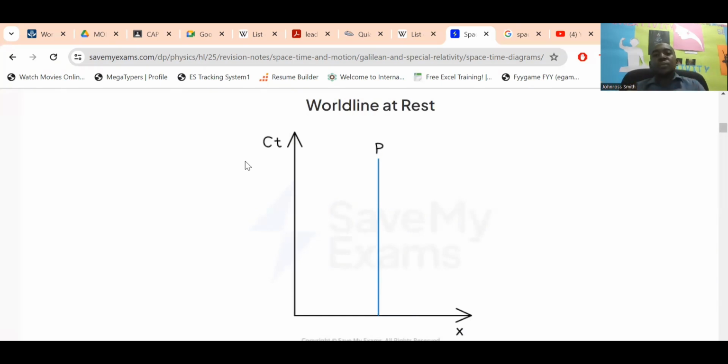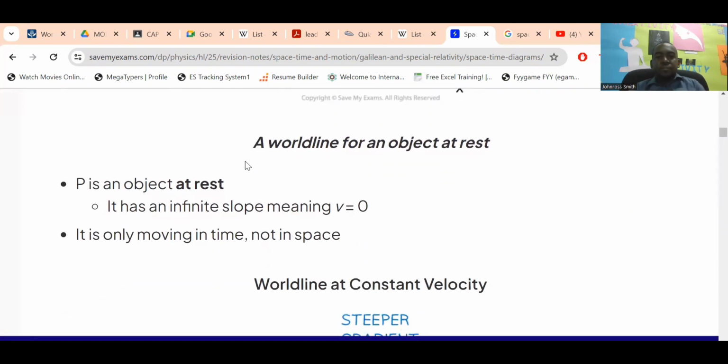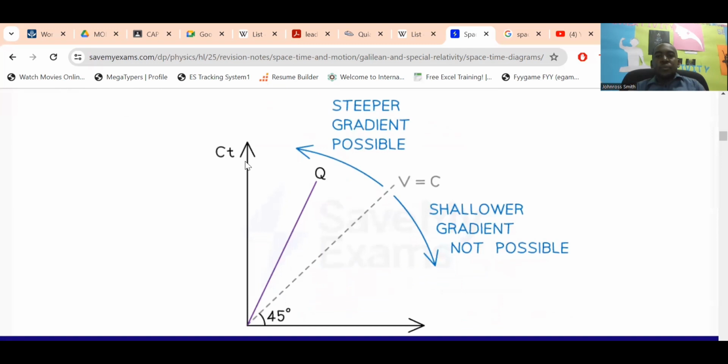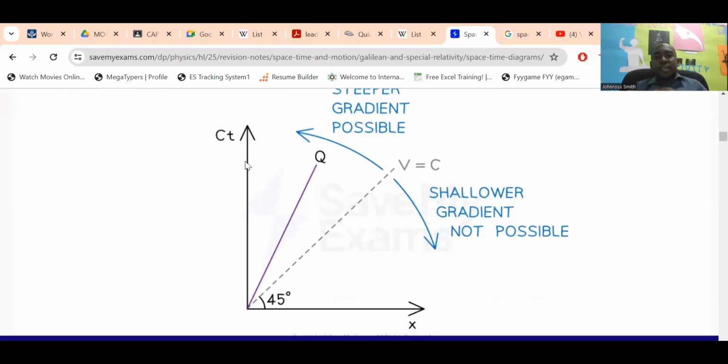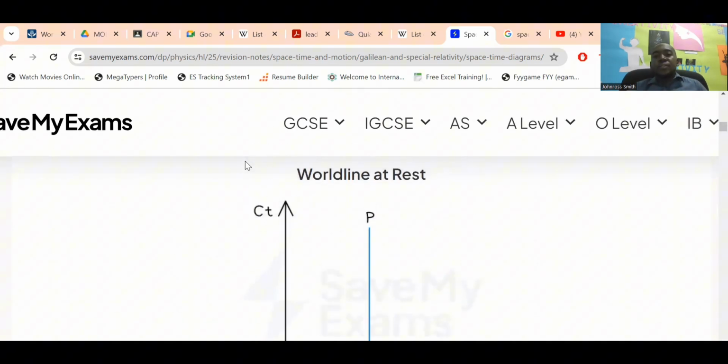So therefore, this object in this reference frame is at rest, right? So what we've known so far is that a diagonal line would represent an object that is moving, right? It's a straight line, so it's moving at a constant speed. Right? We know that a vertical line will give us that the object is at rest.